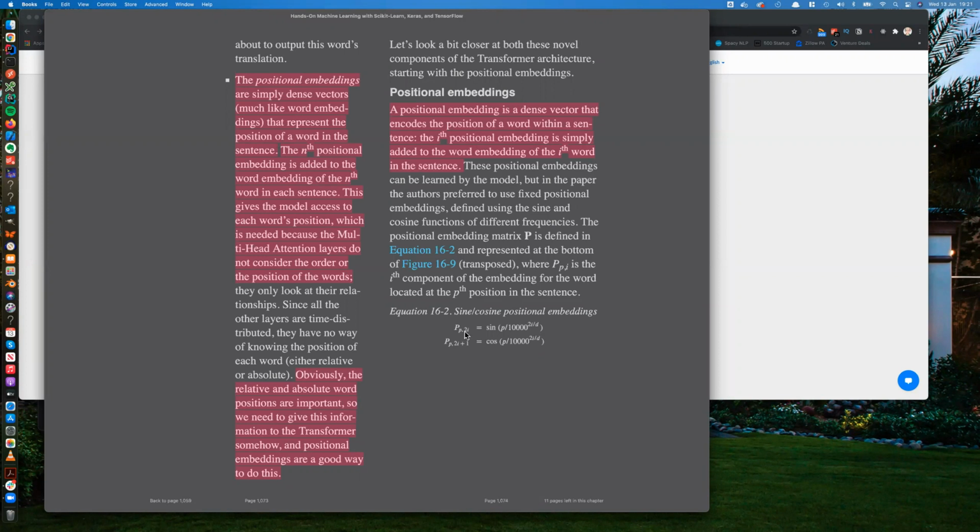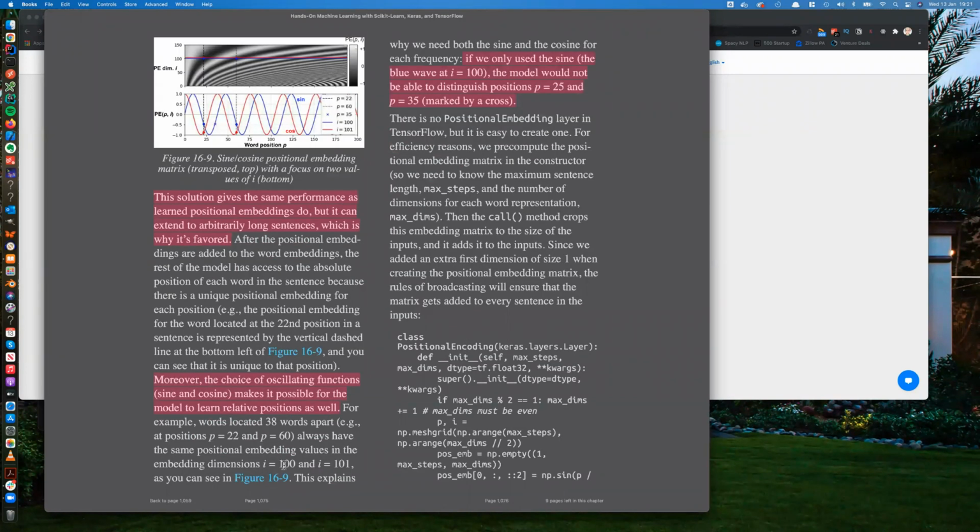And it means that the information in certain dimensions of a certain word can give it information about how far apart things are. So this is where this bit is coming from: in one word in dimension 100 and in the other word in dimension 101, the value for the positional embedding is the same, so that it can use that information to decide that these two words are 38 words apart, because of the regular calculation for how the sine and cosine work.